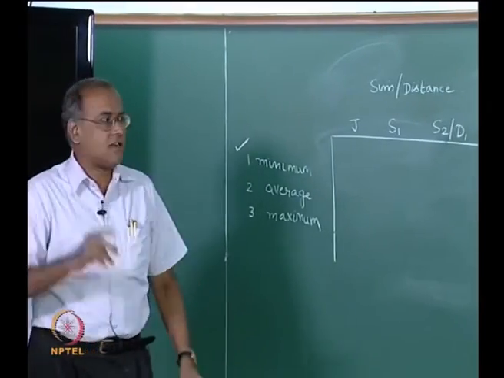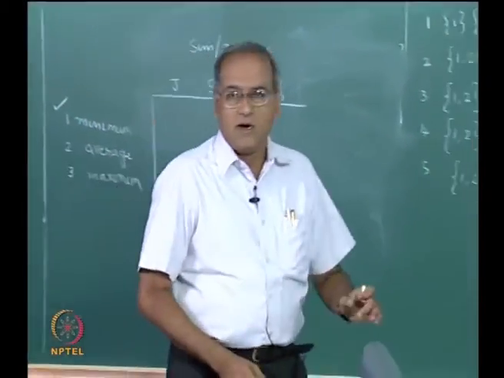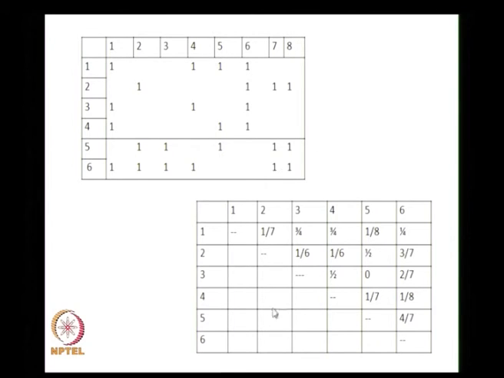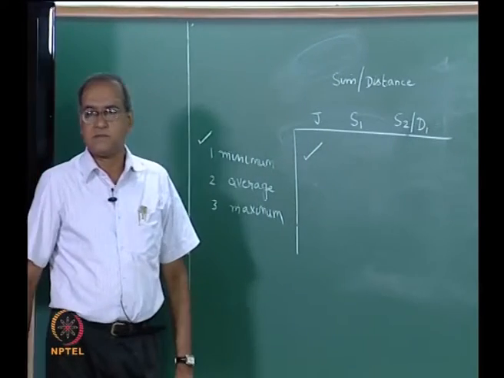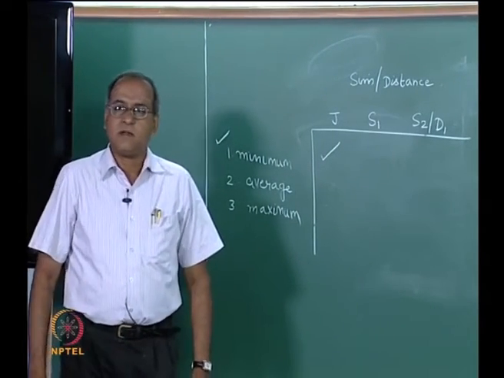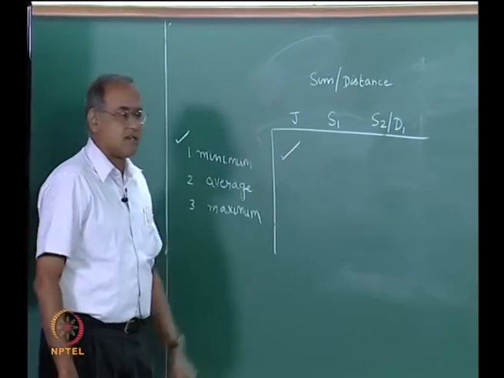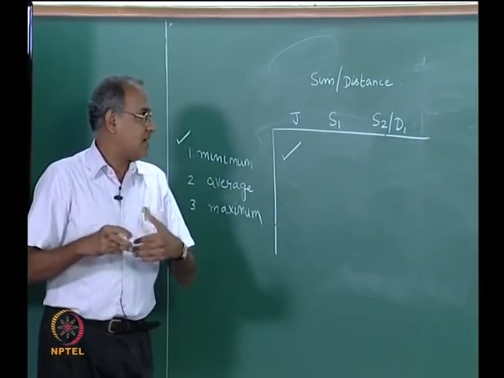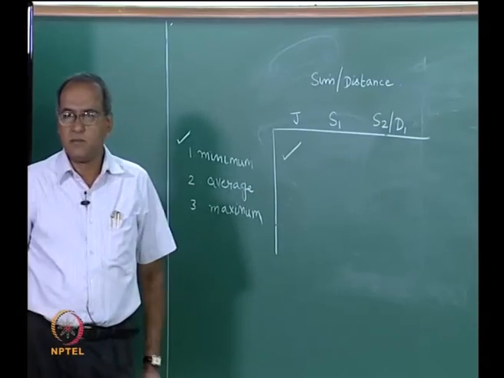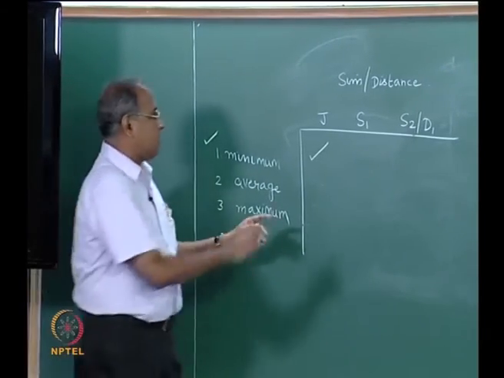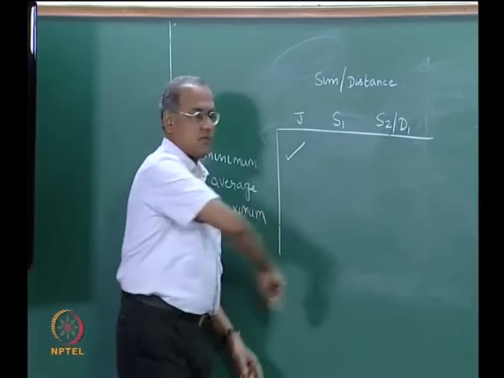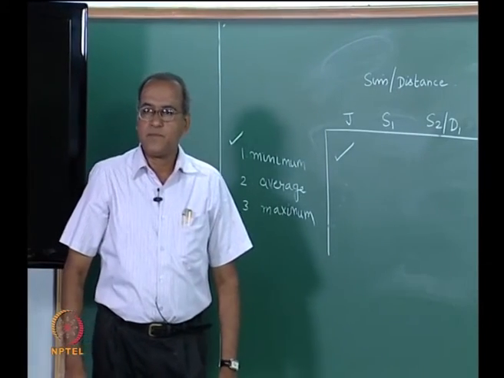Right now, the version that you see here on the screen uses Jaccard's and uses minimum. So, this is what it does. This is called single linkage cluster analysis and is a hierarchical clustering algorithm. Now, we could try out all of them as well. We could do that.